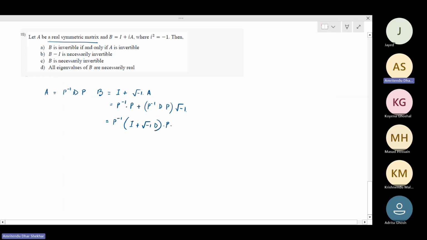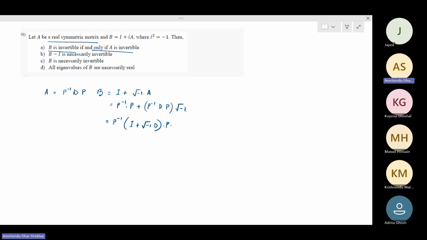Now, the question is, what can we say about the first option, which is B is invertible if and only if A is invertible.